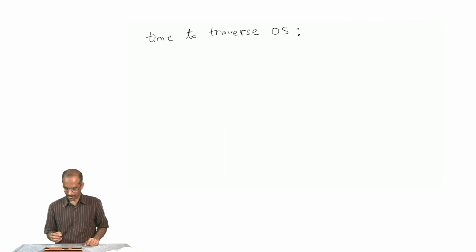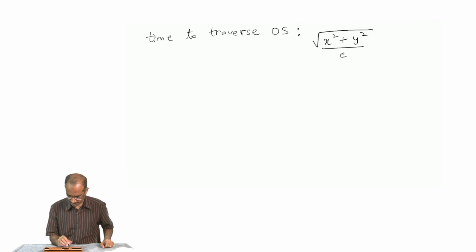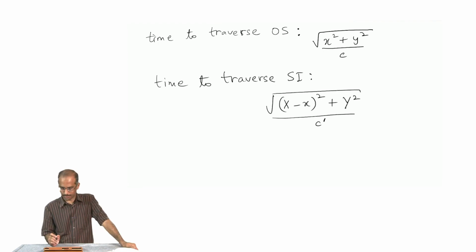So, the time to traverse OS, that would be given by this expression, and I need to calculate the time to traverse SI. Let me write down that expression. In the expression, I have divided it by c prime.